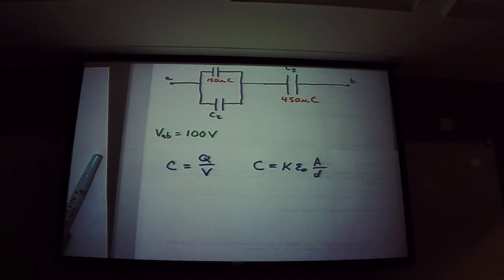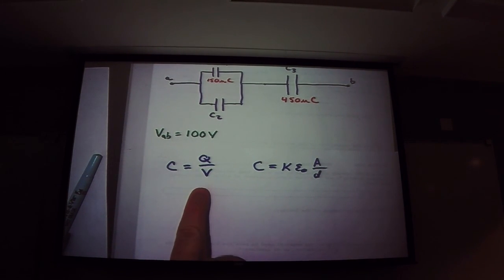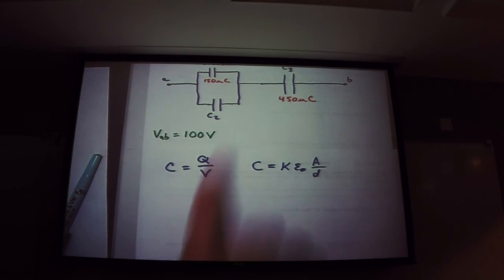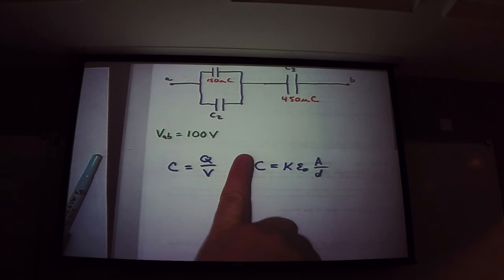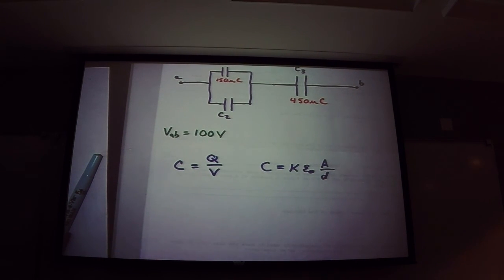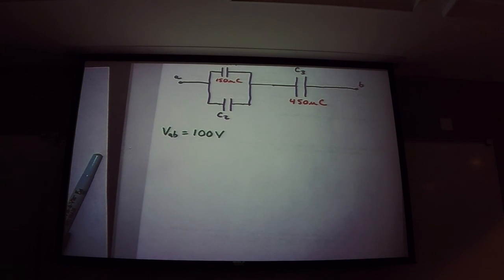If I look at this one, I know nothing about any of that, so it has to be the first one. What I need to do is find the charge on that capacitor and the voltage across that capacitor. Everybody see that? If I can find the charge and the voltage, I can find the capacitance.